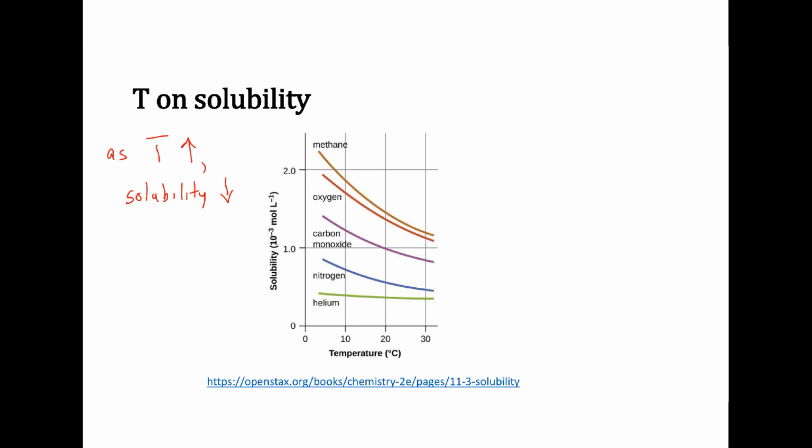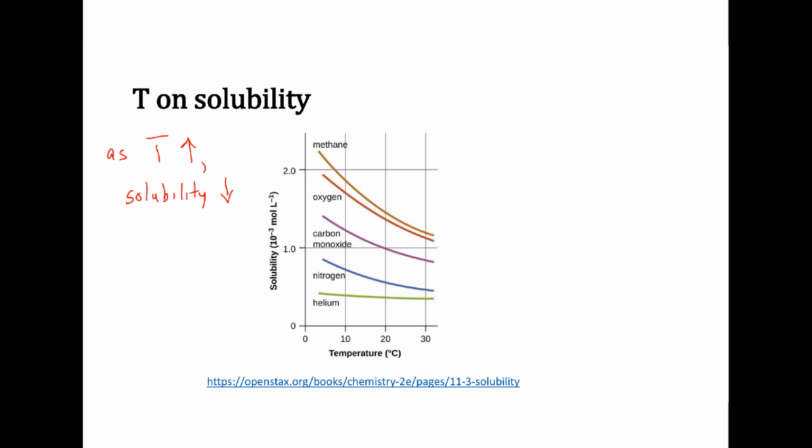And also, from the ideal gas law, we know gases expand as they're heated. So if the temperature increases, the gas will start to expand, and eventually it will work its way up to the top, and then it will leave your solution. If you leave a soda out on a warm day, it will go flat much faster than an iced-down soda, and that's because of the solubility of gases.